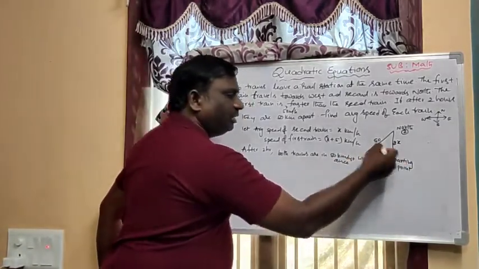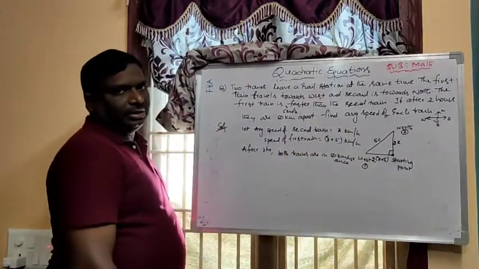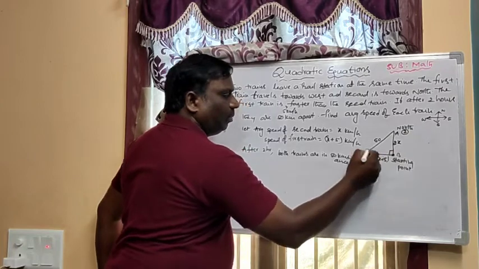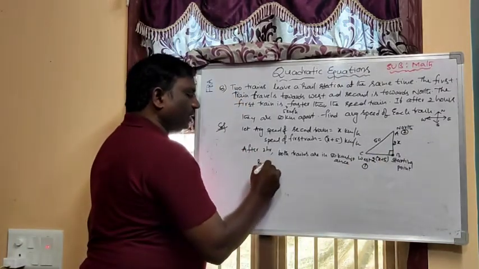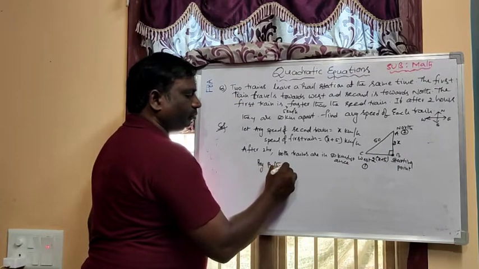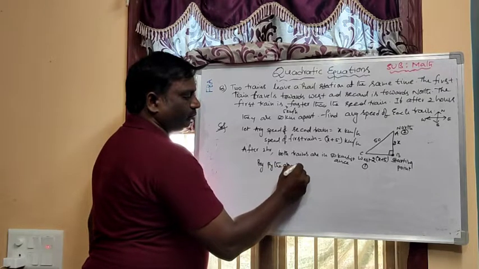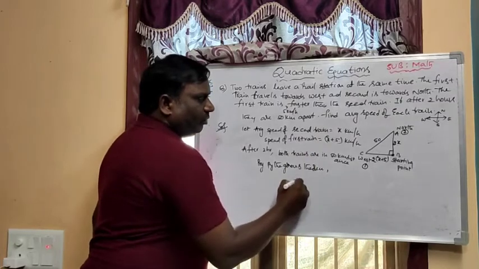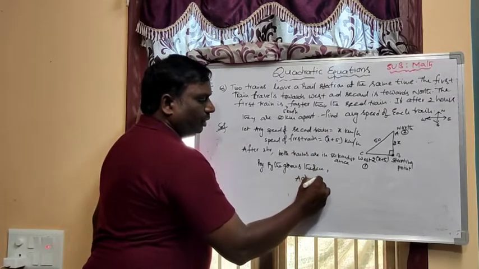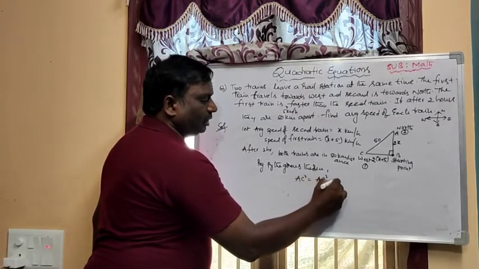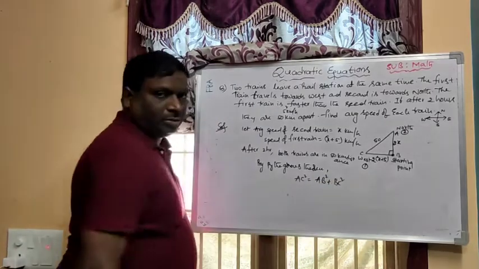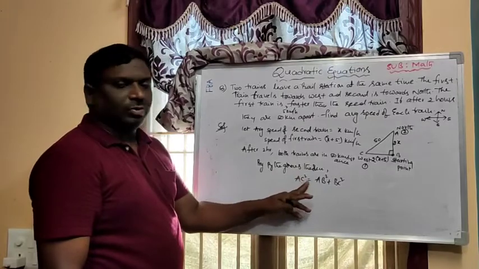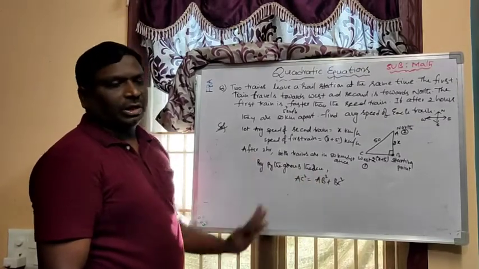When you identify here, this is also a right angle triangle. For this right angle triangle, I am taking the vertices A, B, C. Apply Pythagoras theorem. By Pythagoras theorem, AC square equals AB square plus BC square, that is, the square of the hypotenuse equals the sum of the squares of the other two sides.